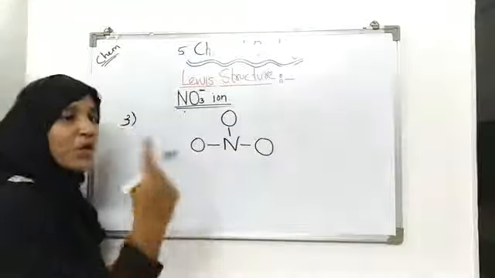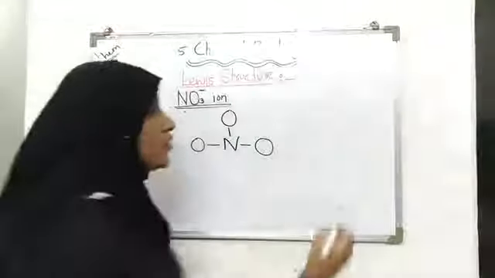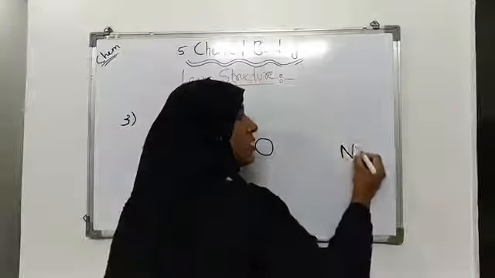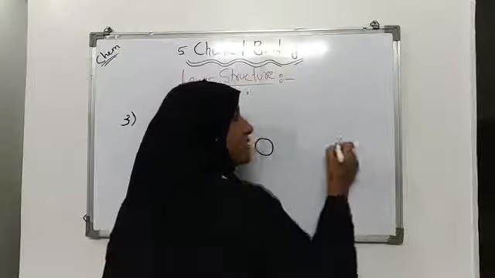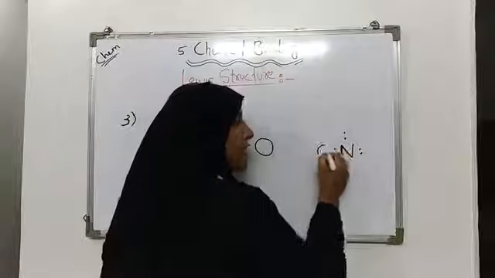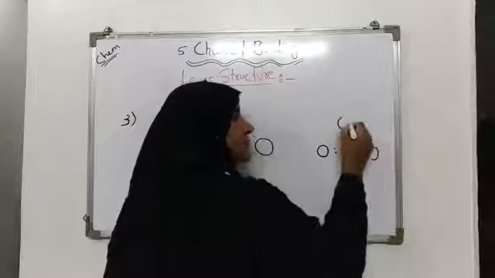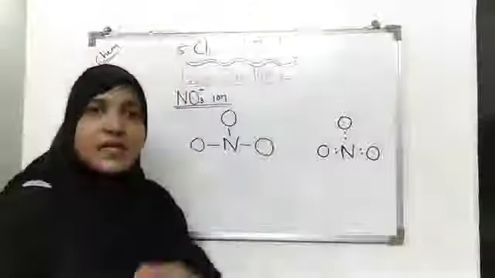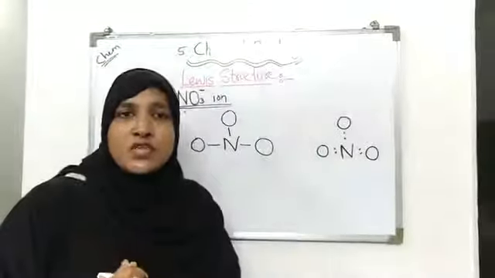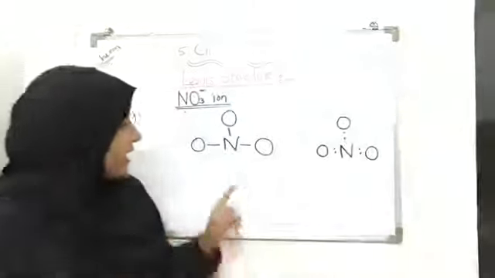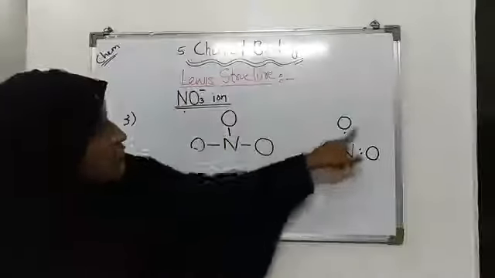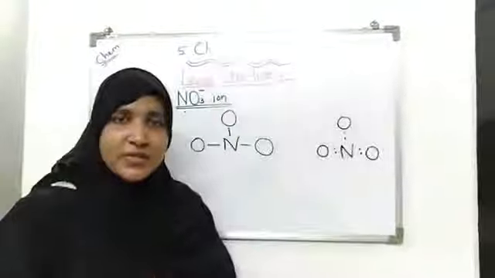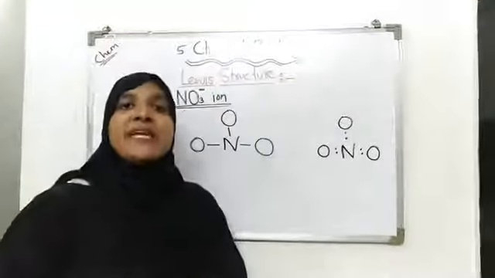You may draw a dash or you may also write the dots. Okay, in this way. Both are correct. अब सिंगल बॉन्ड बनाने के बाद how many valence electrons you have used? Out of 24 you can see we have used 6 valence electrons and we are left with 18 more.